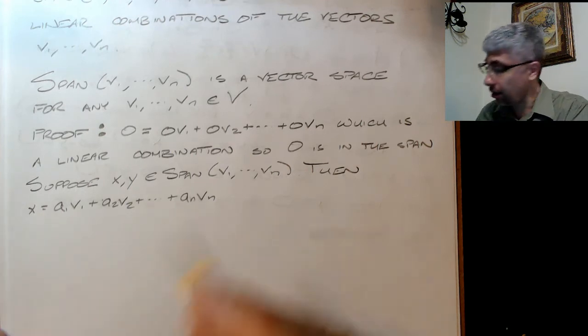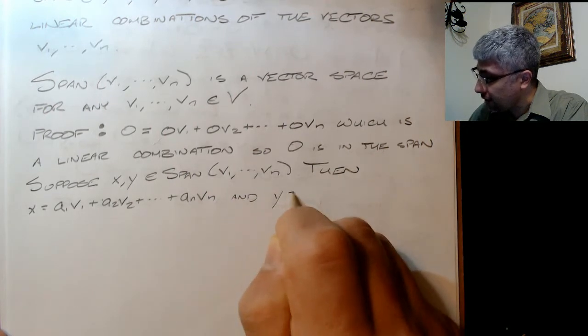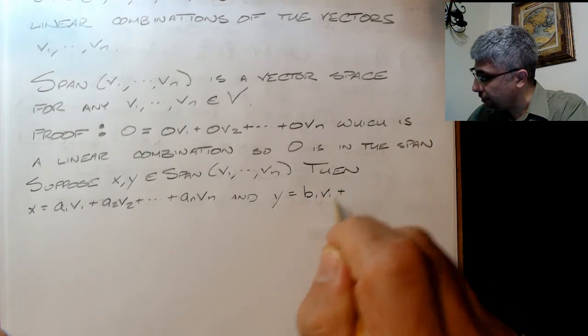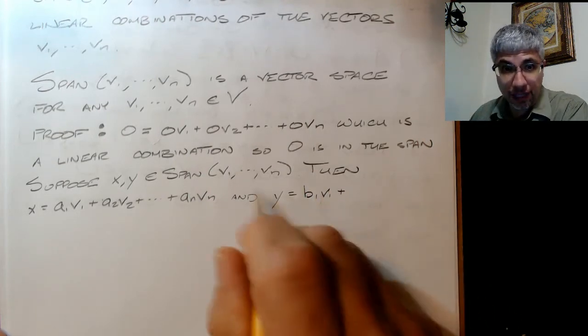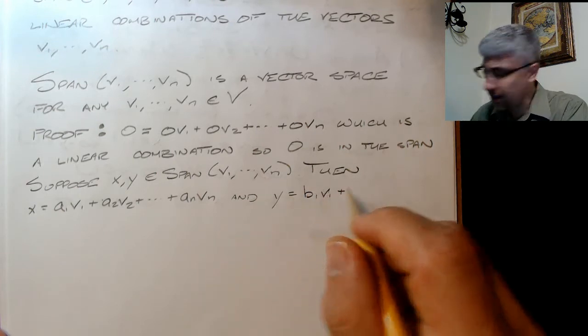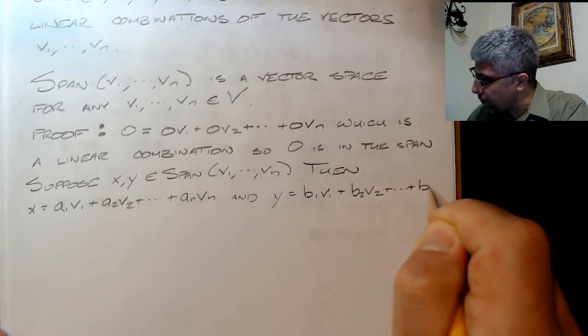I know what you're talking about. What do we know? We know that y is also a linear combination. So I need new constants. I'm going to use b for those. Same vectors though, because it's in the span of the same vectors, right? So I don't have any different v's. I just have different constants: b1 v1 plus b2 v2 plus dot dot dot bn vn.